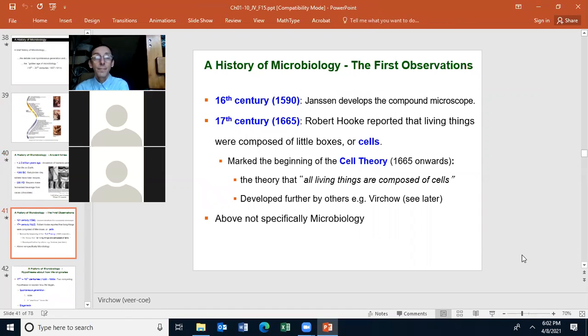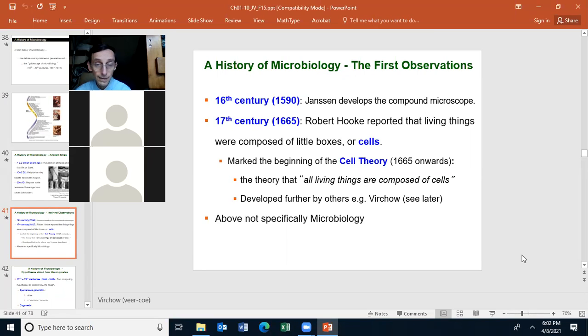All right. So the next important event in the history of microbiology was in 1590. You don't need to know the year, but Janssen developed the compound microscope. And that was really important because until the microscope was invented, we would not be able to see microorganisms. Surprisingly, nobody saw cells initially when Janssen made the microscope.